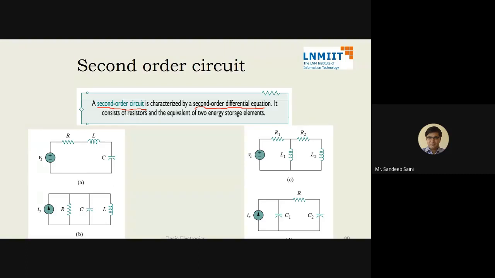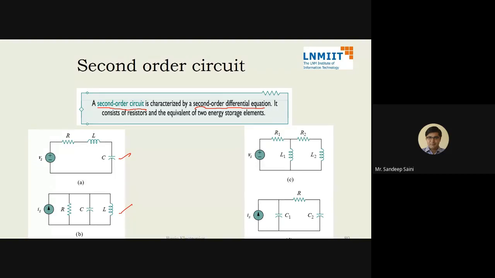And how do we get a second order differential equation? If we have an inductor as well as a capacitor, both present in the circuit, then we are going to have a second order circuit. On this side we have some examples of these second order circuits.